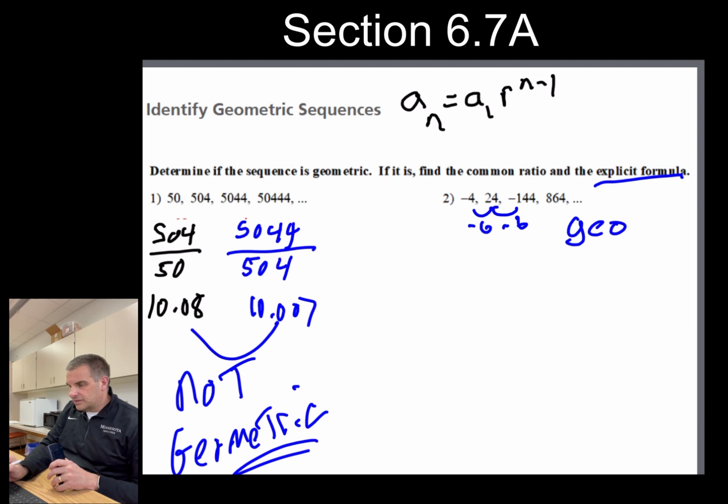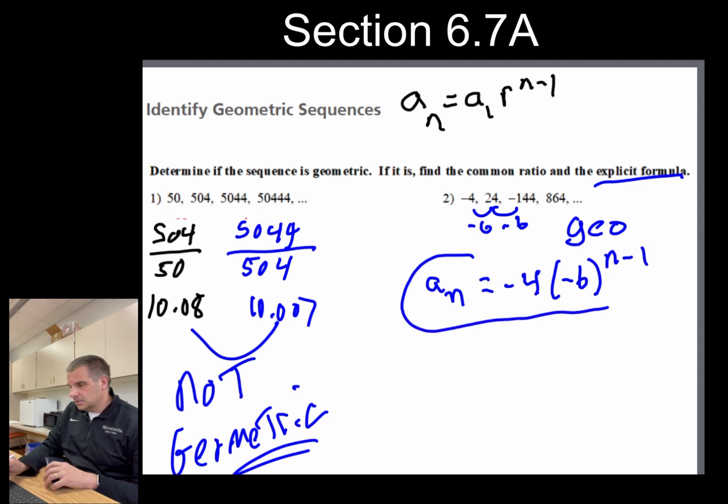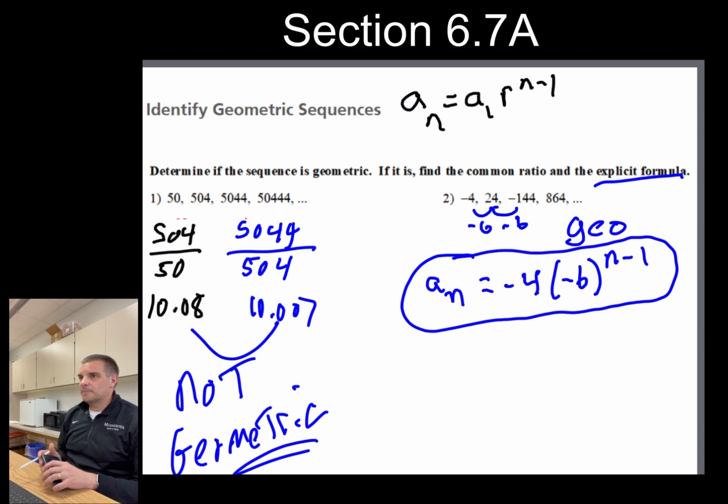So our nth term in the sequence is going to equal our first term, which is -4, times our ratio. Our ratio in this case is -6 to the n minus 1. And that is our explicit formula for this one. And you're done.